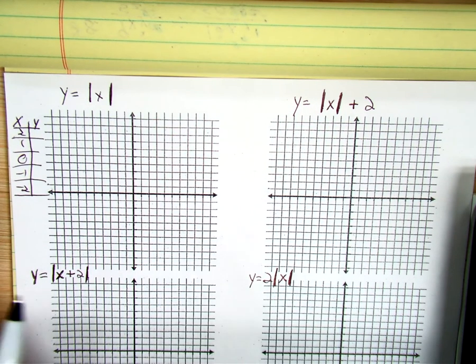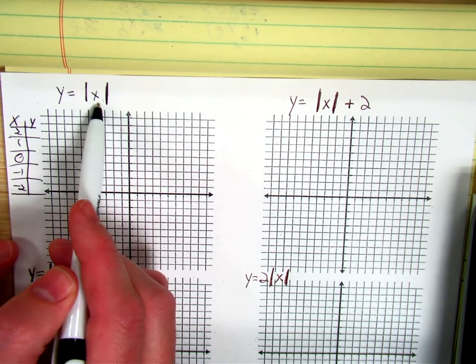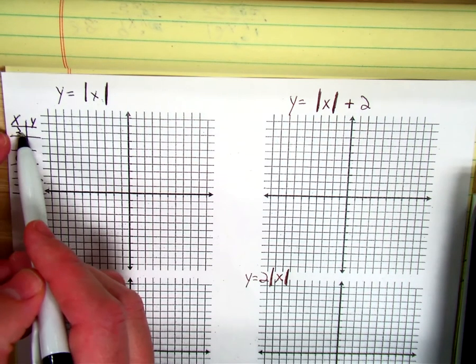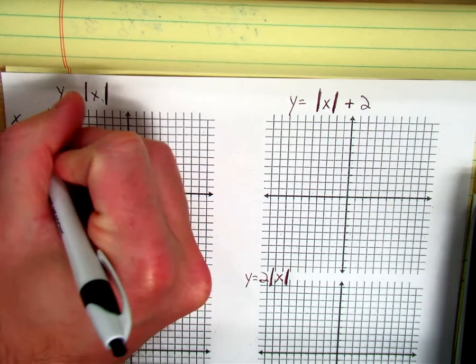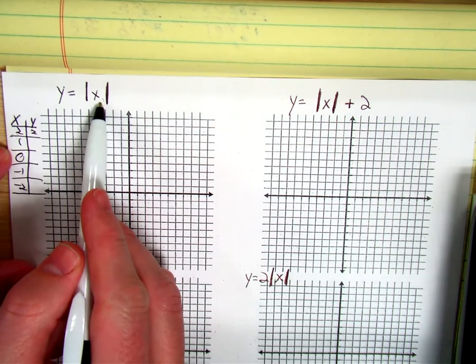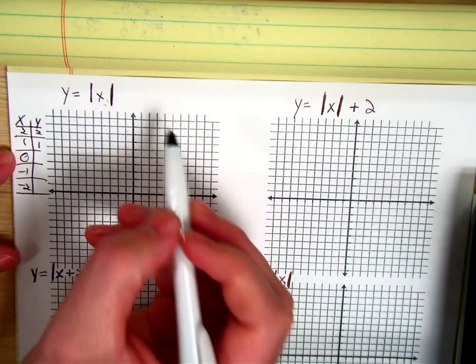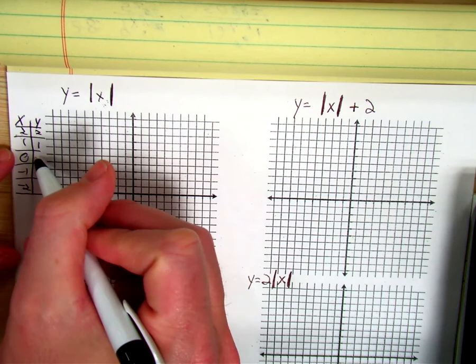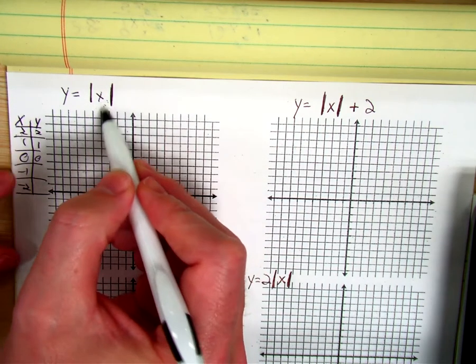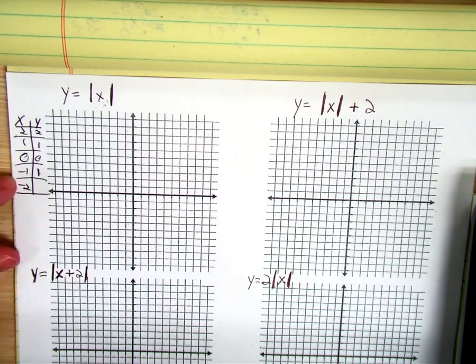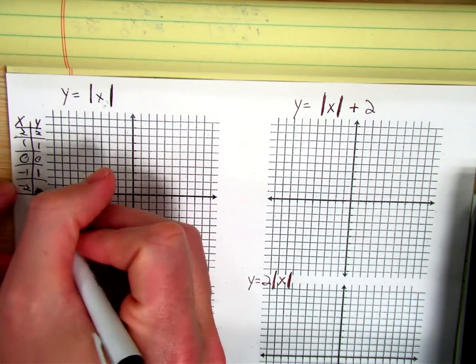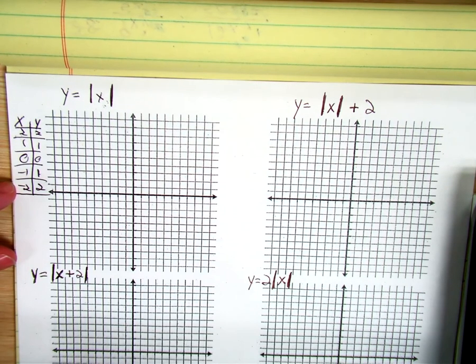Y equals the absolute value of x. Think about what we talked about: the absolute value of x takes whatever's in there and makes it positive. So if I have positive 2 in there, it's still positive 2. If I have positive 1, my y value is going to be positive 1. 0 comes out 0. Negative 1 comes out as positive 1. Negative 2 is going to come out as positive 2.